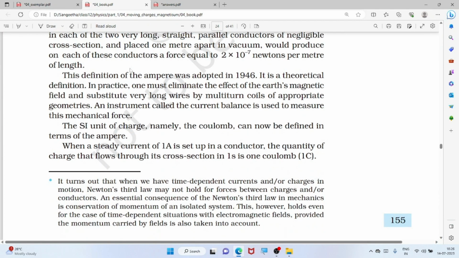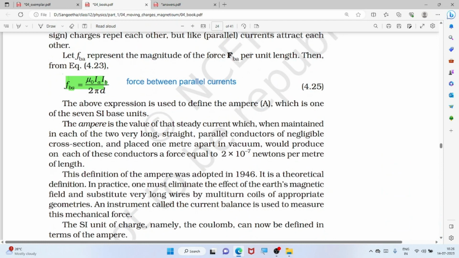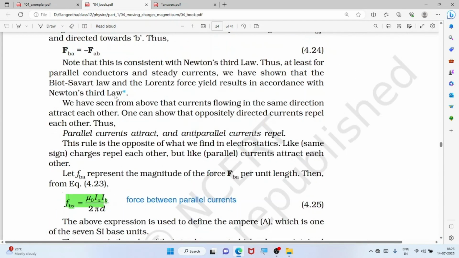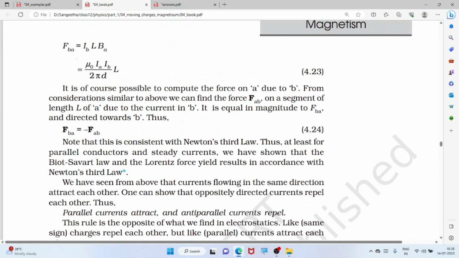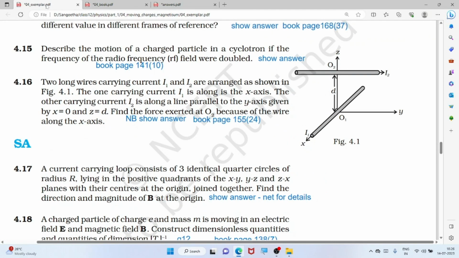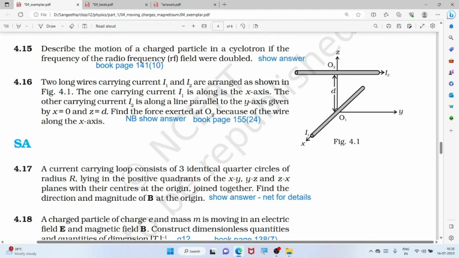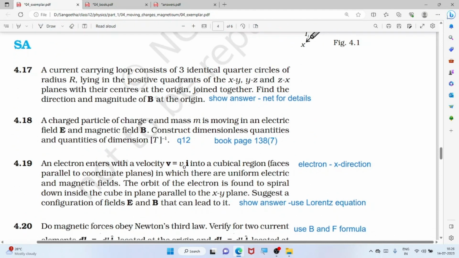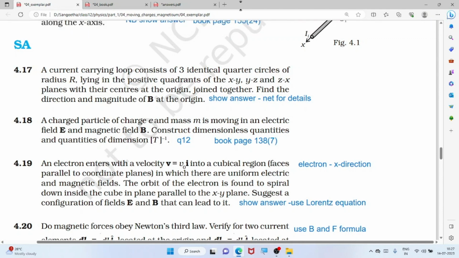Two parallel elements. A current carrying loop consists of three identical quarter circles, okay, each of quarter radius lying in the positive x, y, z planes with centers at the origin joined together.